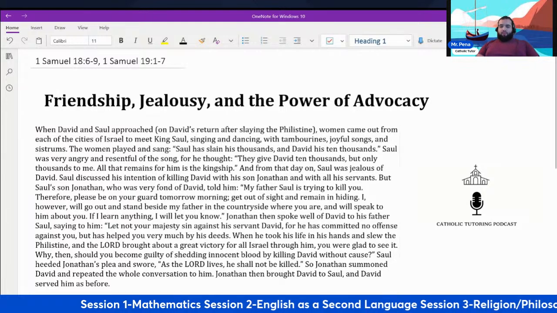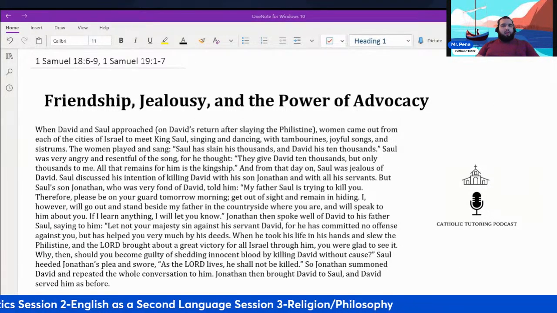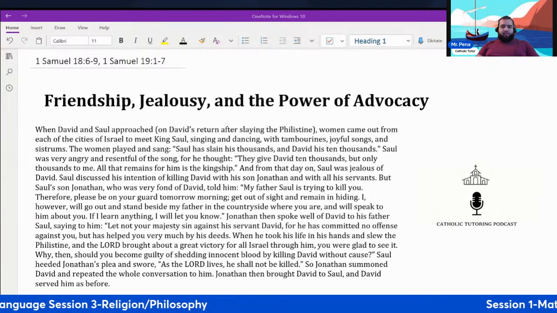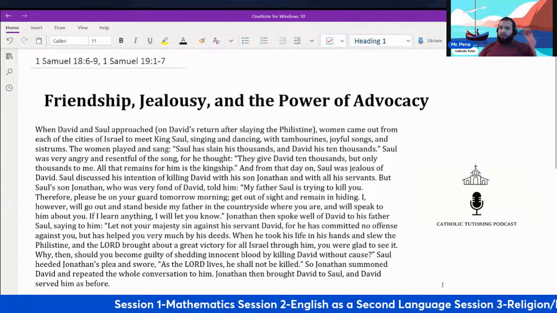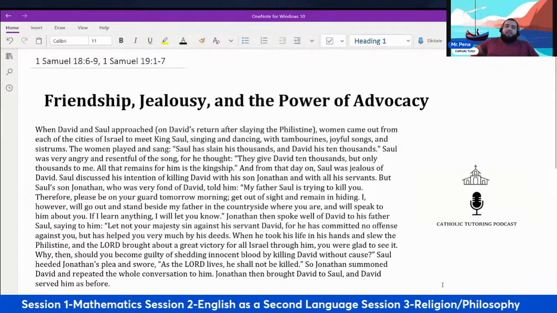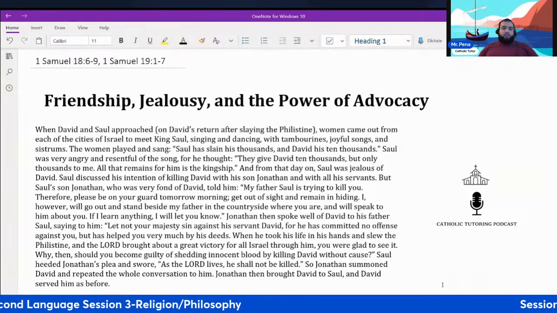Now, friendship, jealousy, and the power of advocacy. The Bible says, when David and Saul approached on David's return after slaying the Philistine, women came out from each of the cities of Israel to meet King Saul, singing and dancing, with tambourines, joyful songs, and sistrums.